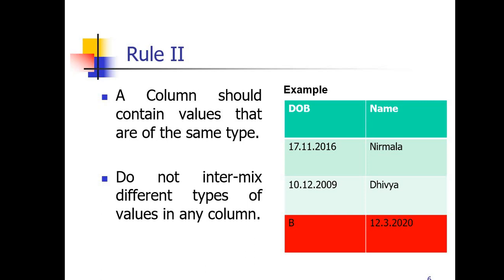In the third row, it does not contain the corresponding domain values. This type of data does not adhere to rule 2. So, always contain the domain value of the corresponding attribute, which adheres to the second rule.